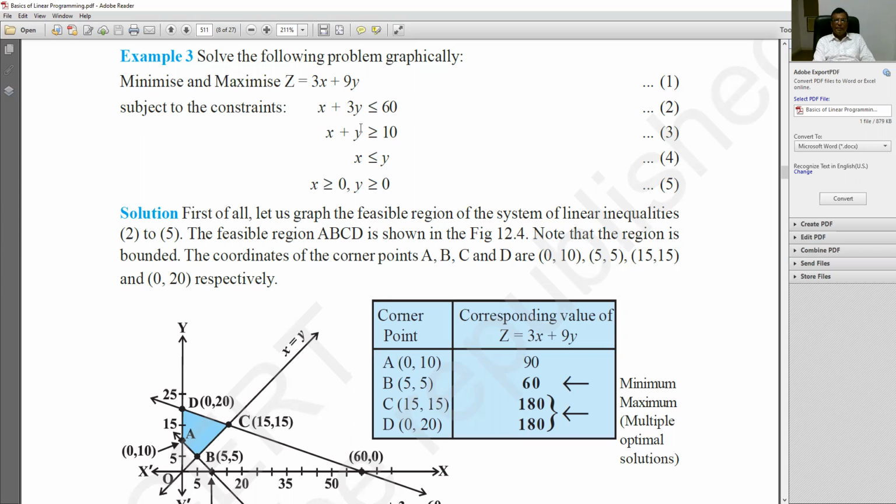X plus y greater than or equal to 10. X is less than or equal to y. X is greater than or equal to 0. Y is greater than or equal to 0.